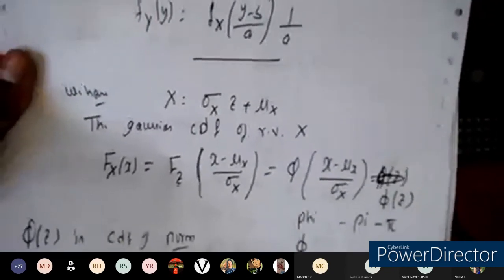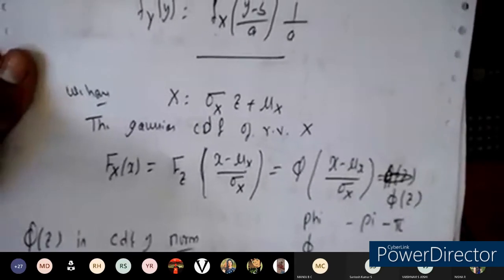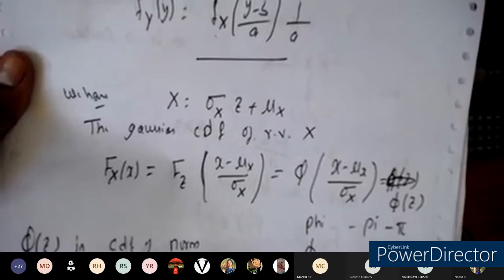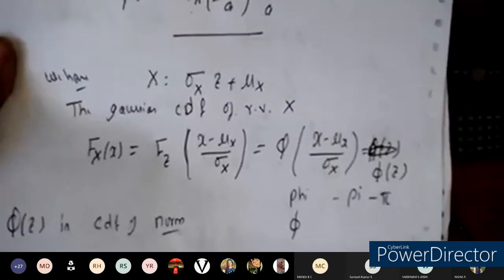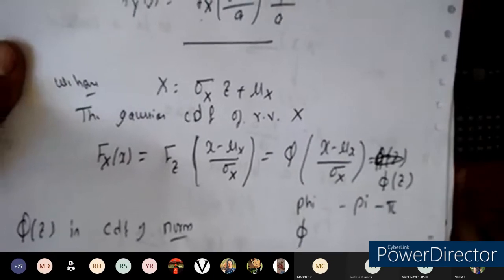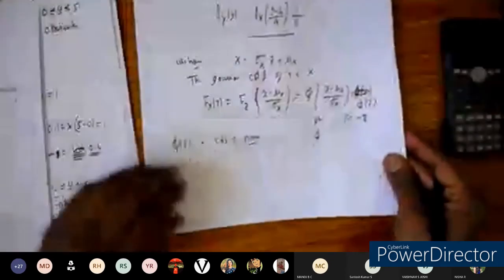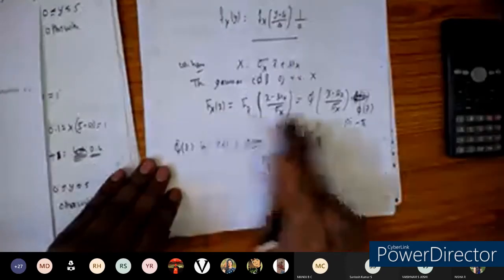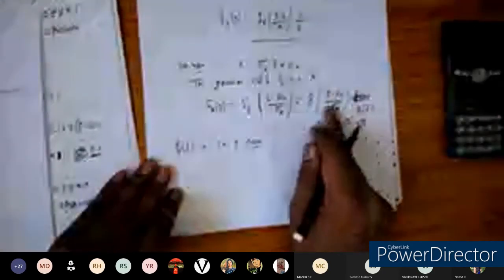The PDF of the normalized Gaussian random variable is given by the following. For this one, we need to find the PDF, like in the previous expression of how we find the PDF.